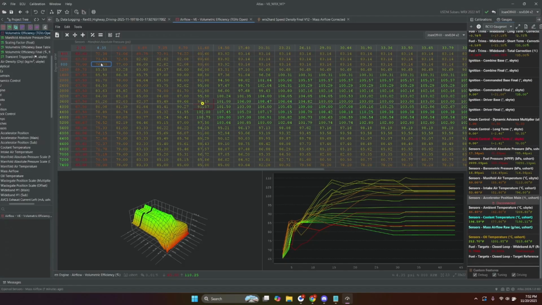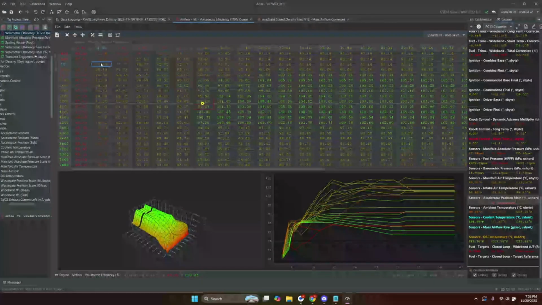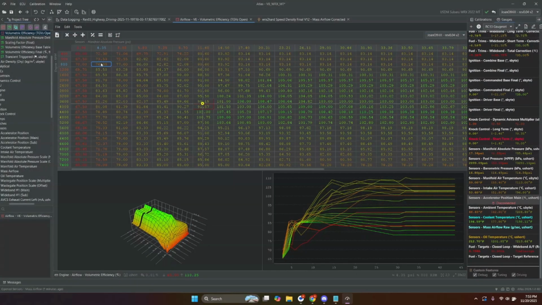The thing is, the volumetric efficiency of the engine only physically allows for 76% of that air to make its way into the cylinder.